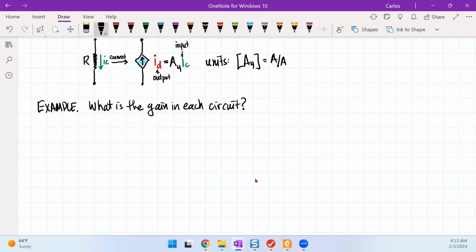So let's say that I have a circuit that looks something like this. And I have a voltage source here, an independent voltage source. And this is a current-controlled current source. And then over here, I have a resistor.